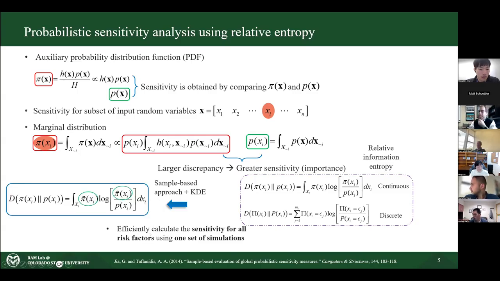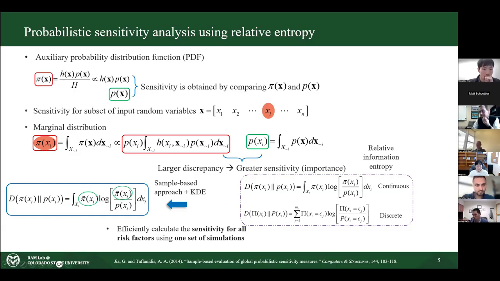So basically we developed this sample-based approach that is much more efficient. In this case, we generate some samples from the distributions and then use KDE to estimate these distributions, instead of carrying out this multi-dimensional integral. Once we have the samples, we can efficiently evaluate the sensitivity for all the variables or groups of variables that we're interested in.